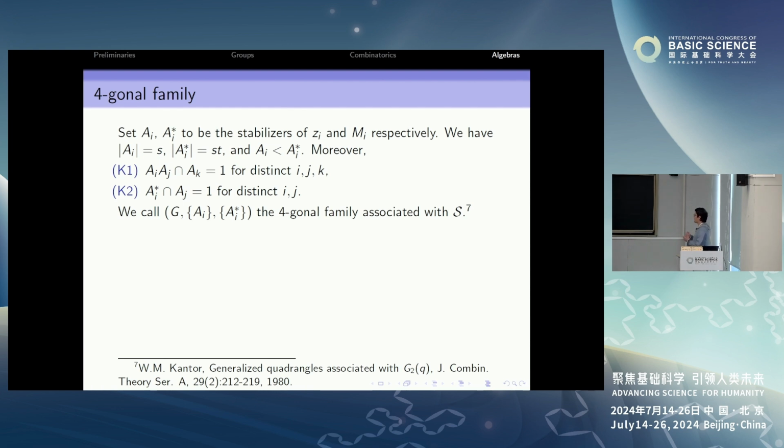If we have such subgroups that satisfy K1 and K2, then we can do the opposite. We can reconstruct the GQ. So we call these subgroups the orthogonal families associated with the generalized quadrangle S.